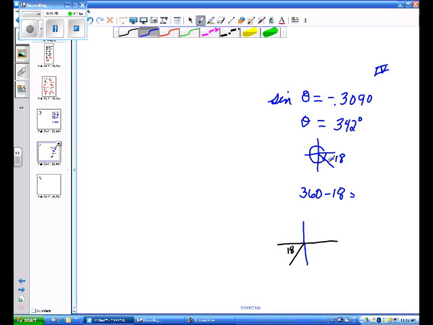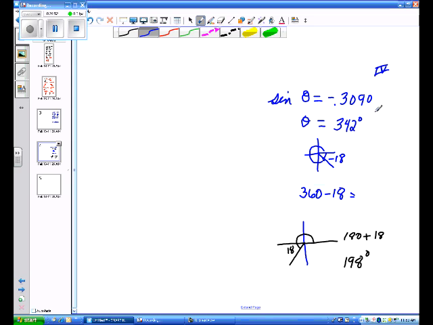It was the angle between the terminal side and the x-axis. So in this case, to get our angle of rotation, we're going to have to go 180 degrees plus 18, which gives us 198 degrees.